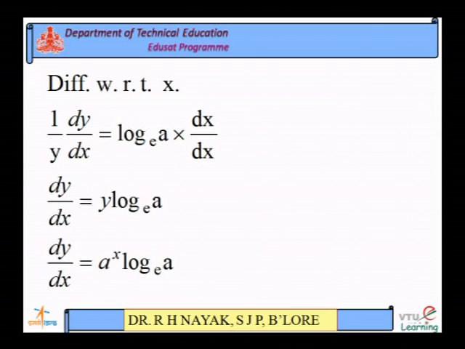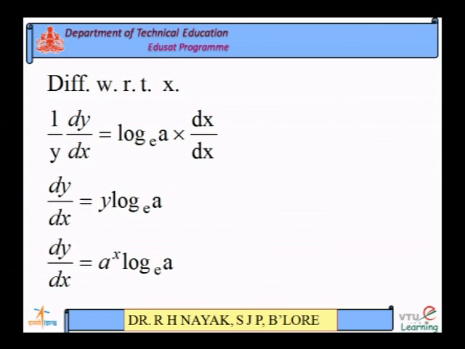Then log a is constant, we have to take log a as it is, differentiate x, differentiation of x is what? dx by dx. So, dx by dx is 1, therefore, finally, it is dy by dx is equal to y into log a. So, in place of y you can write a power x into log a.